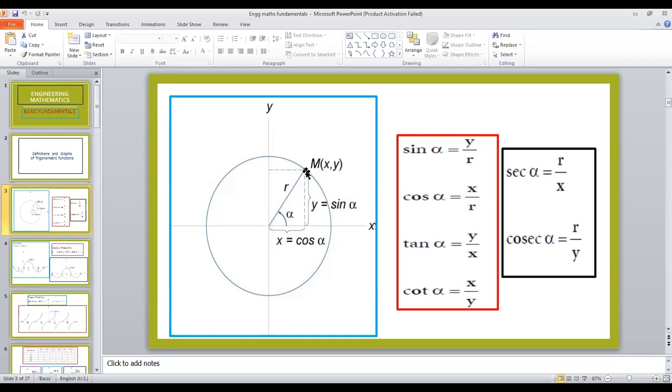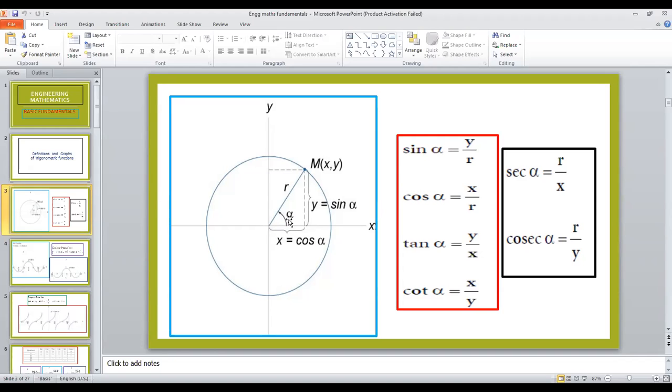Here in the right angle triangle, Pythagoras theorem says that hypotenuse square is equal to the sum of squares of the adjacent sides. That is x square plus y square is r square. And then r is what? Root of x square plus y square. It is the magnitude of the radius vector of point M of x y with respect to origin. Is my point clear? Yes.